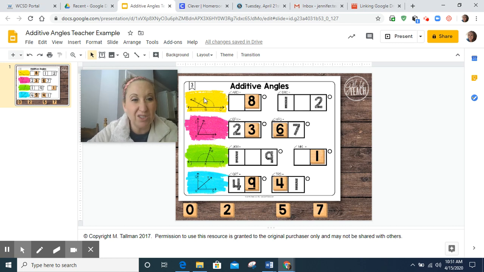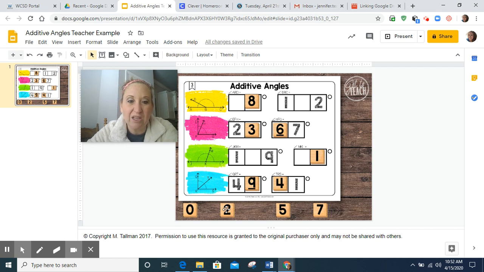We may have to do some guessing and checking. We know this whole thing is 180 degrees. Let's look at what you think this would be about. We know this is 23. Well, this is going to be a little bit bigger, right? So we may want to guess and check.